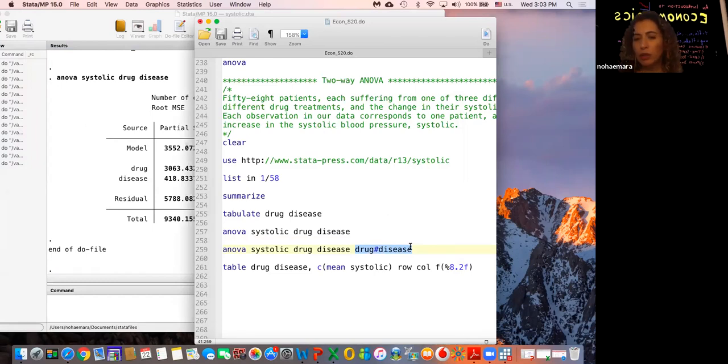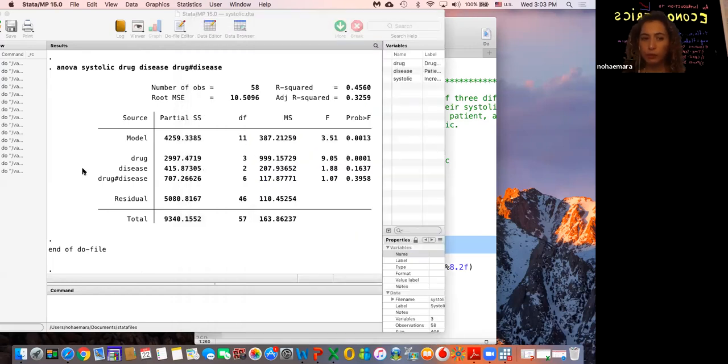Does that really matter? So we need to check that. Does a specific drug have an impact on systolic blood pressure given that the patient has a specific type of disease? So you would have to compute the F interaction.